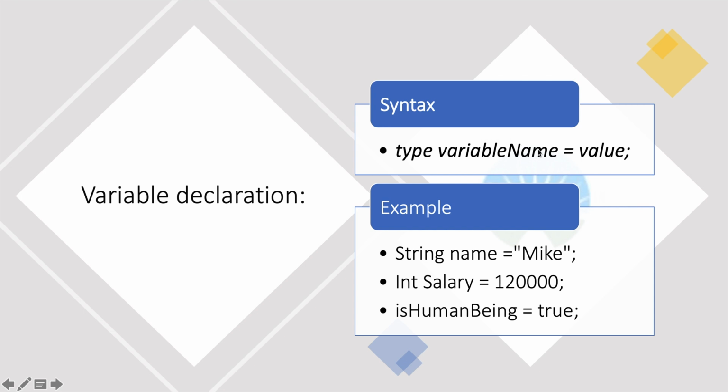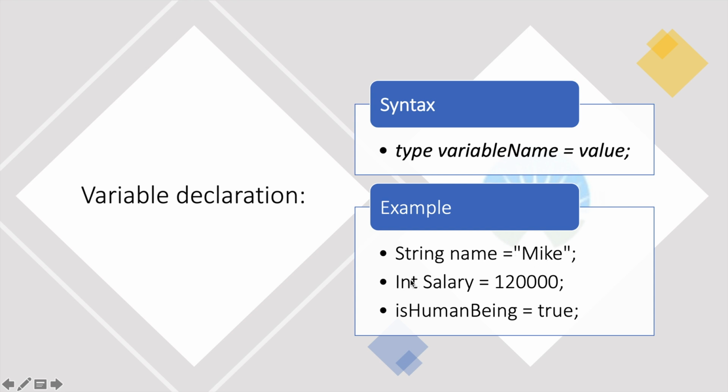Then equals, which is the assignment operator, assigns a value to the name. The value will be Mike or anything. In the example, string name equals Mike: we give the type as string, the name of the variable, and the value we want. For a string, you need to use double quotes.